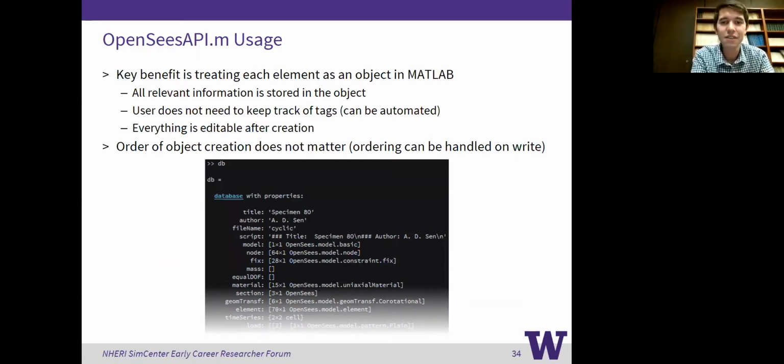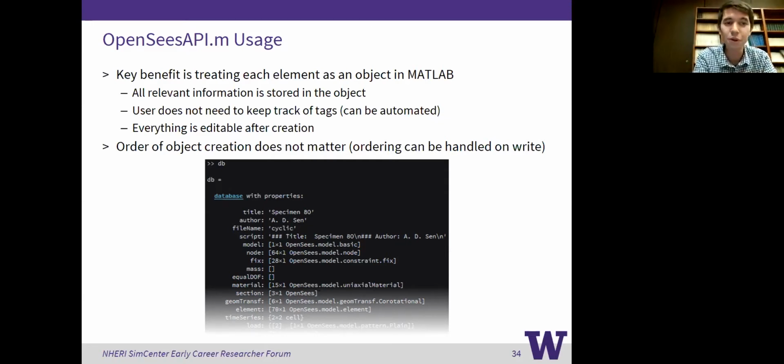All of that can be automated by MATLAB, and all we need to think about is our variable names in MATLAB. And the other nice thing is everything is editable after it's already created. So we can create a node and then go back and think about, well, for some reason I need to offset the node. Well, I can do that in MATLAB, and then in the Tickle file, it'll just be written directly as the final version that you produced.